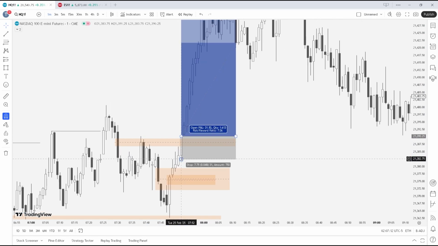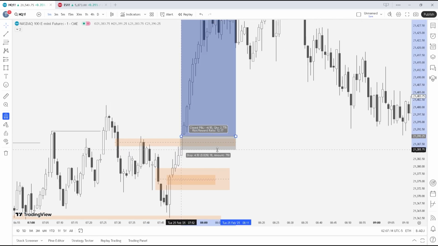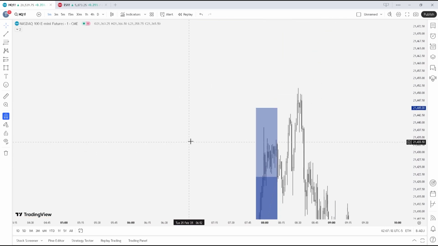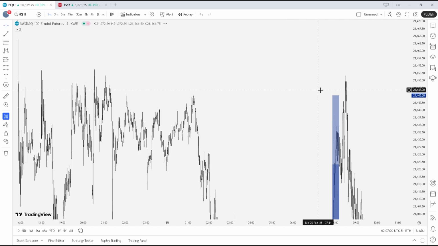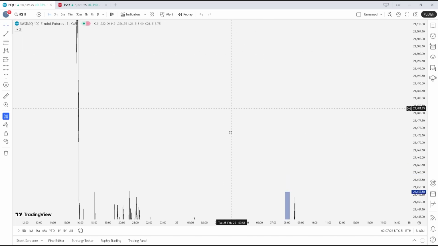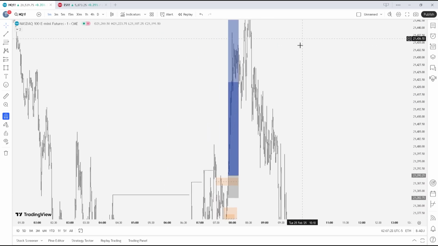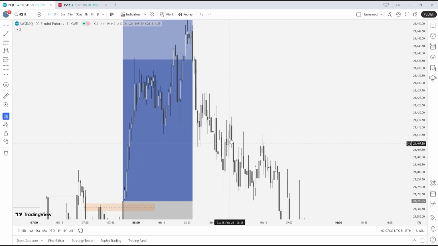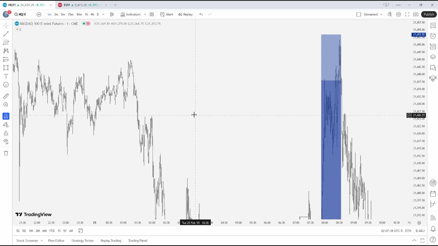So stop below the BPR, wherever you're most comfortable with putting your stop, and then just target the same place wherever your draw is. So you could target this, you could target this. I mean, you could target all the way up here, but I would definitely scale some and then move your stop to break even at least, this high right here.